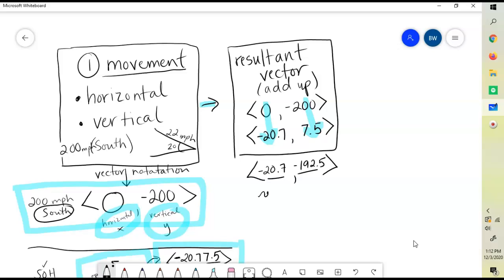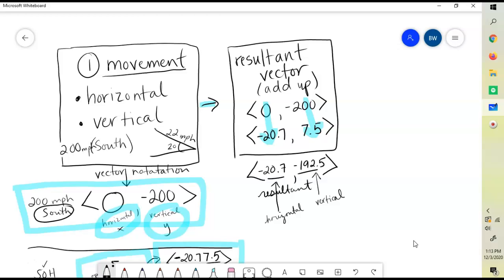This is the resultant vector. Again, this part right here is describing the horizontal movement overall, accounting for both moves, and this portion is describing the vertical movement overall. Basically, we have to the left sum and down sum.